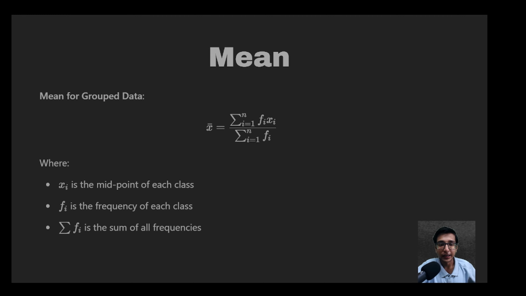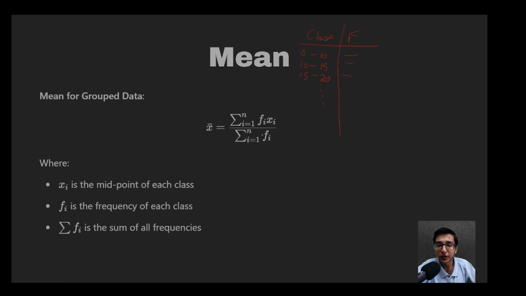Now for grouped data, as I showed you in the beginning of this chapter, there would be classes where ranges would be given, and there would be frequency. Let's say it's 0 to 10, 10 to 15, 15 to 20, and so on. And there are corresponding frequencies given according to their respective classes.